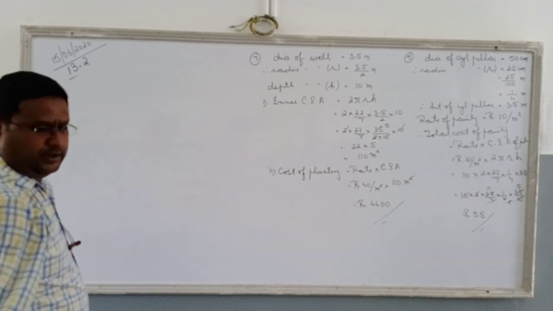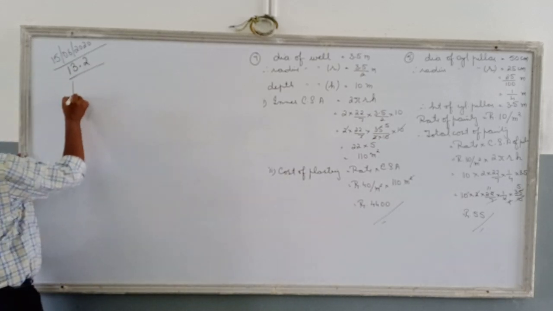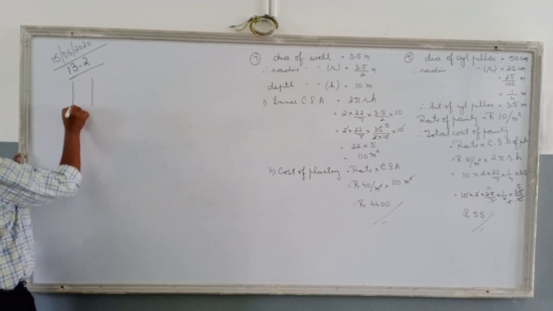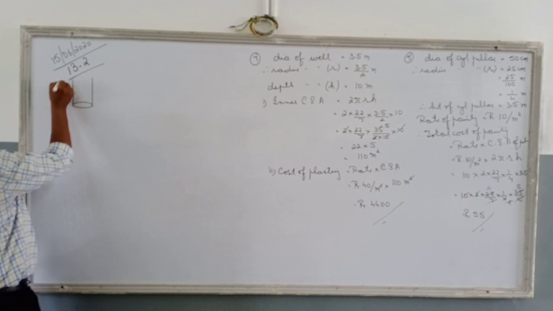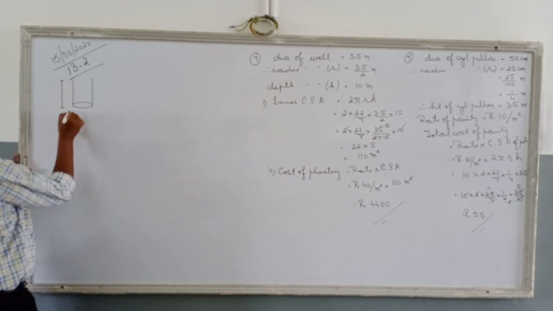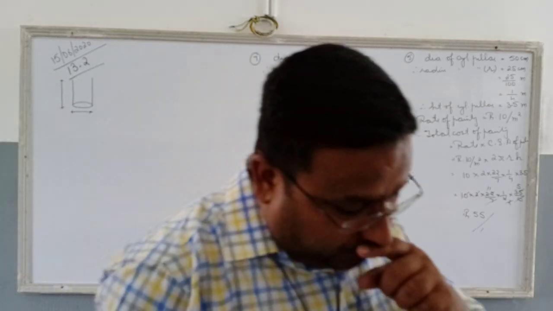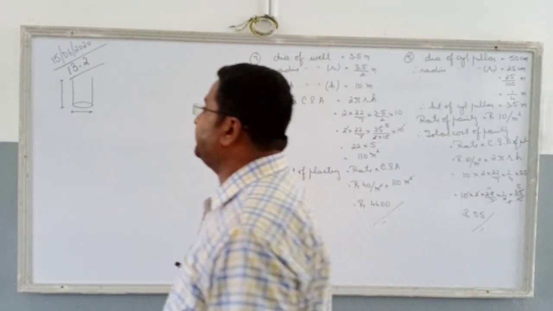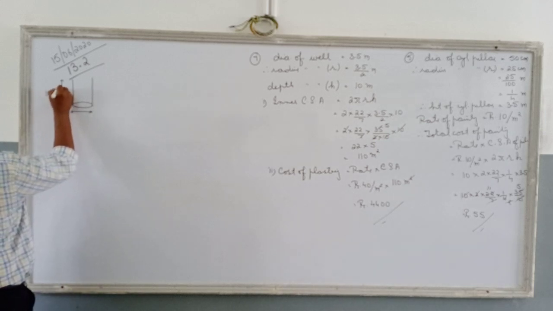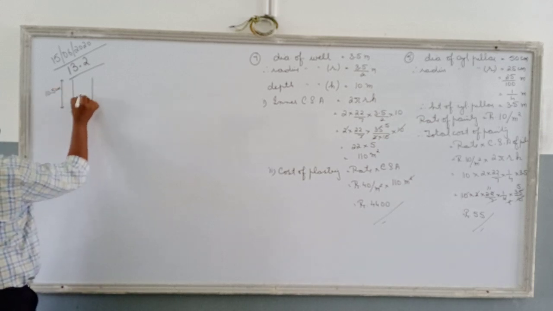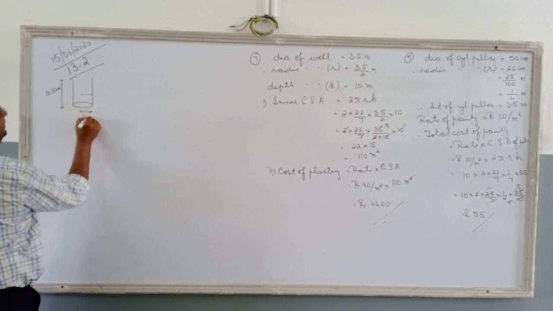So this is the dimension of the pen holder given to us. For example, say this is a pen holder. Definitely it has to be open from the top. The height is given to us and the radius is given to us. Both the dimensions are given. Radius is 3 and height is 10.5. Height is 10.5 centimeter and radius is 3 centimeter.